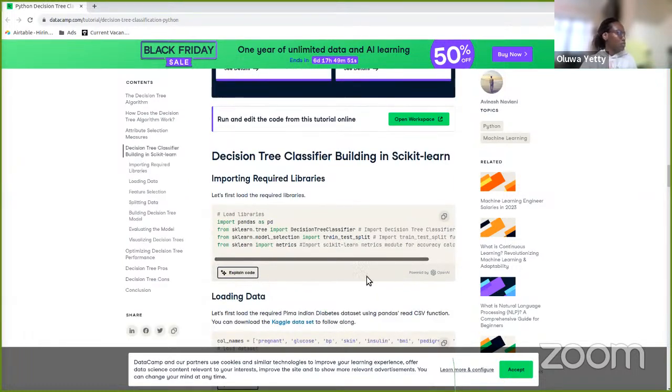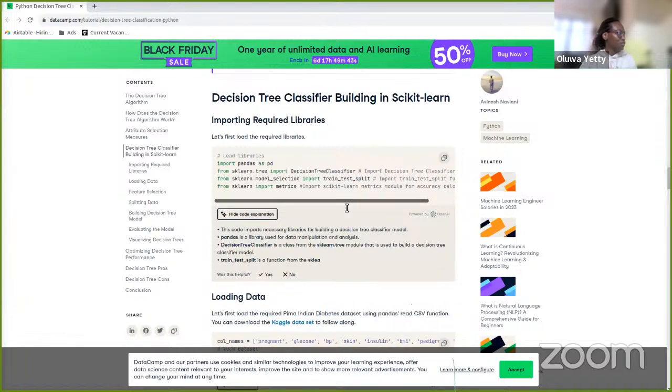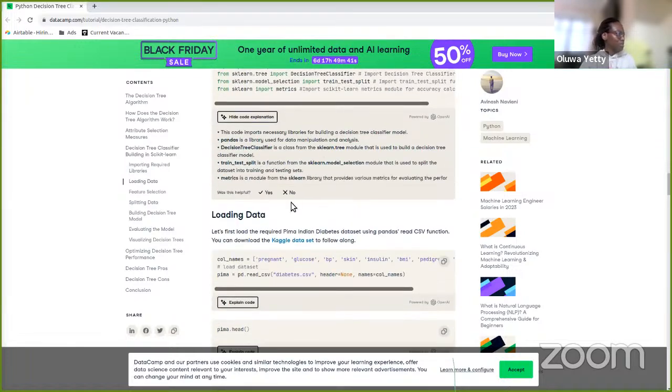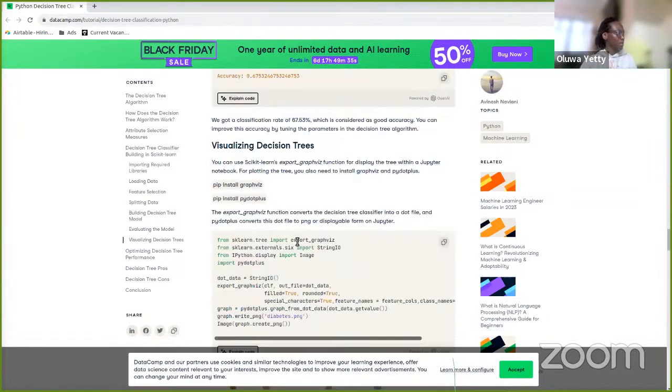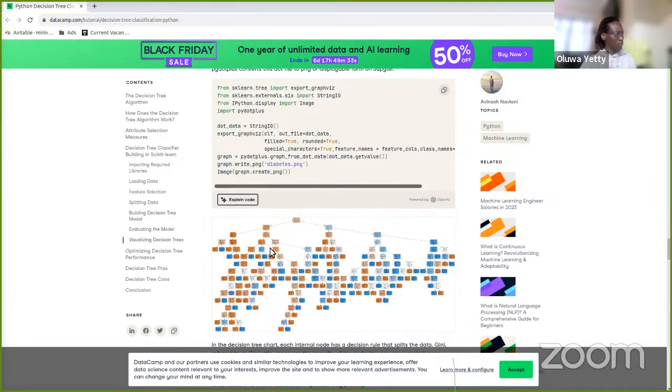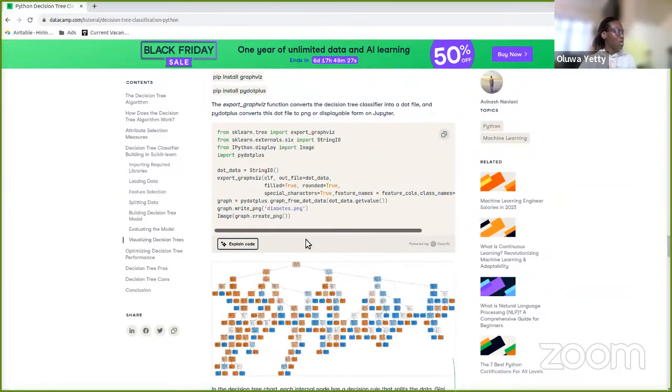Then they went into the code, and I even like that they put OpenAI, because you can literally say, explain each line of this code for me. So please check out that datacamp.com. It also shows how you can visualize your decision tree to see how it's making its decision. So do check that out.